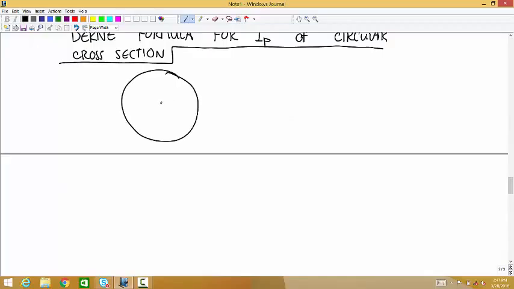There's the circle, and our increment of area is going to be an infinitesimal strip where this distance is r.